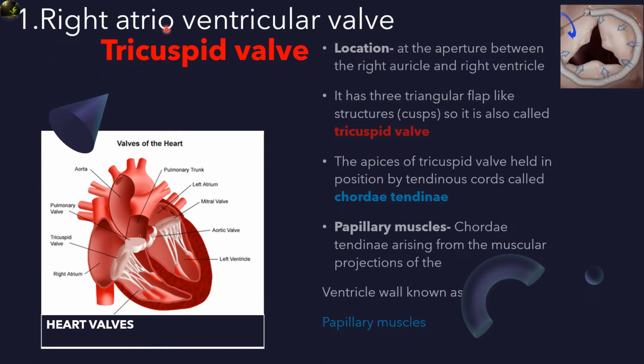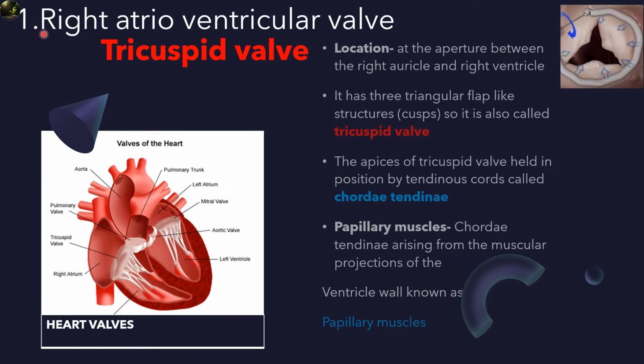First we can discuss the right atrioventricular valve or tricuspid valve. What is that? Right atrioventricular valve means it should be on the right side of the heart. Where is it located? Between the atria and ventricles.